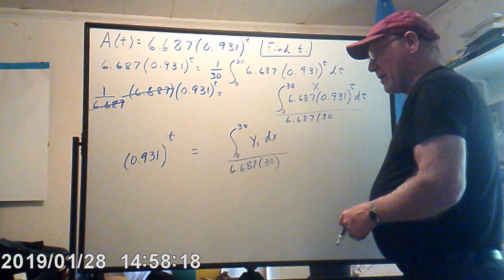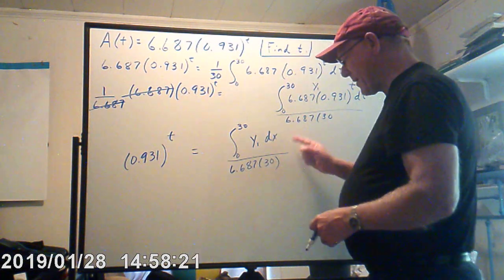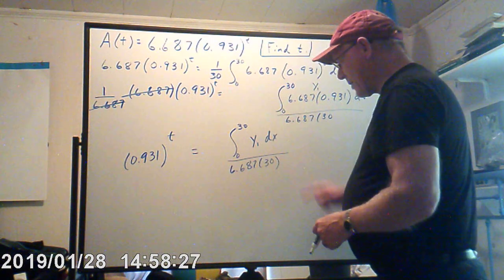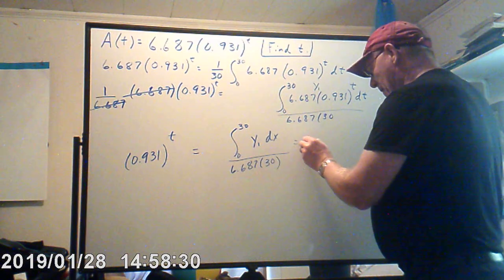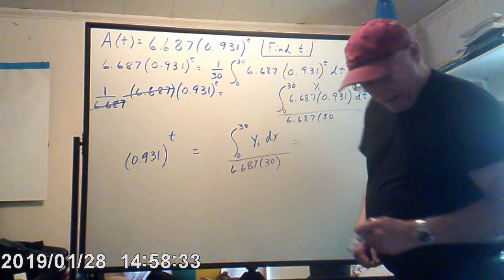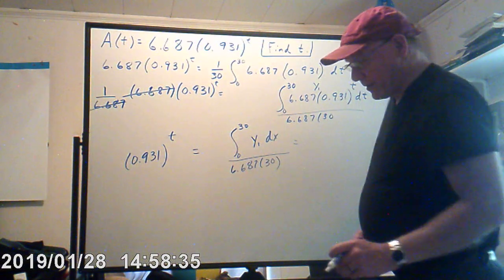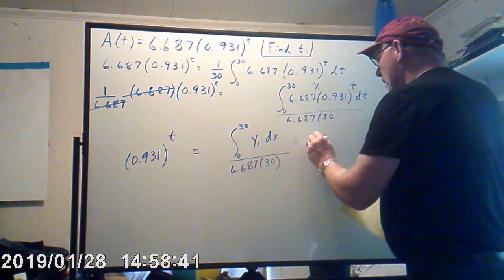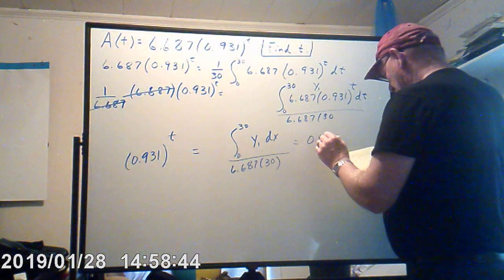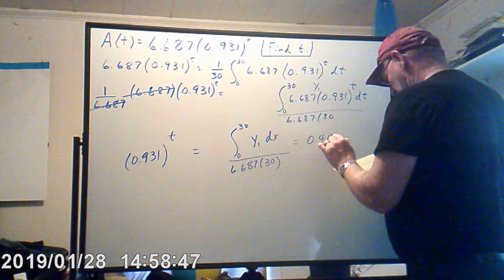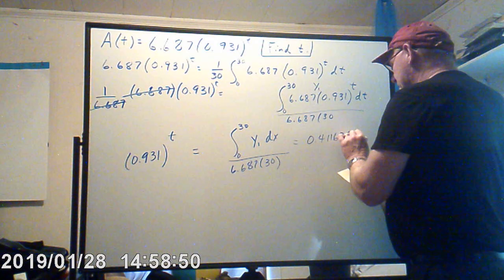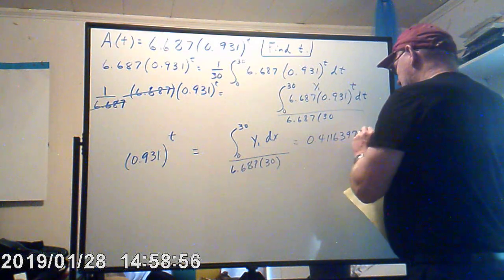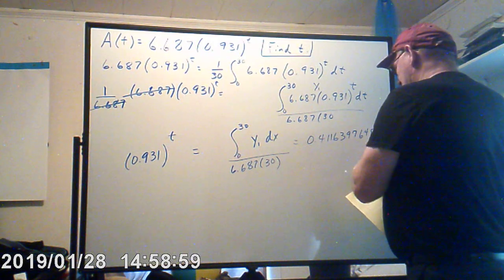And that will pull that up for you right here. You are going to get a numerical answer. This right side is equal to a long number: 0.4116397 6487, and that goes on and on.